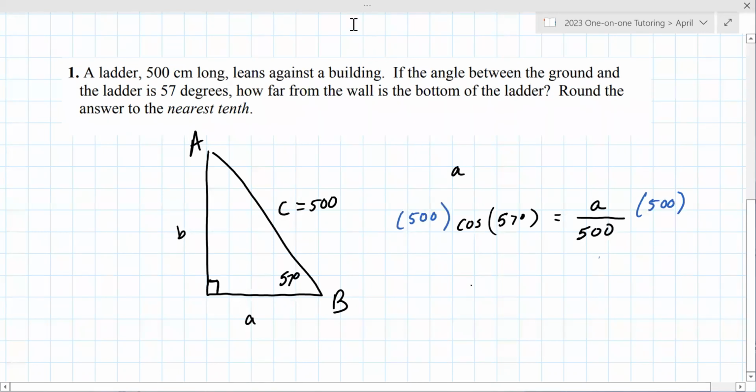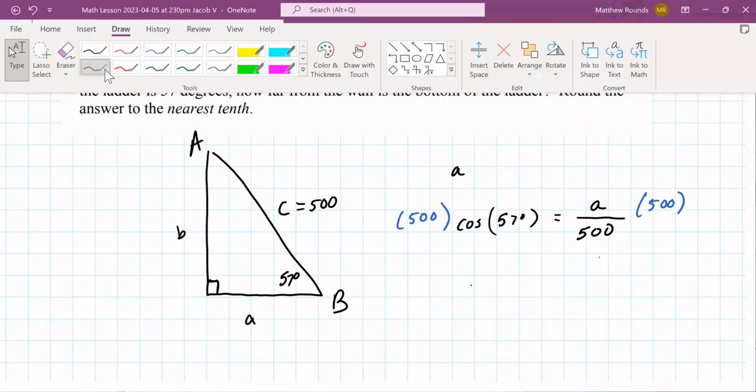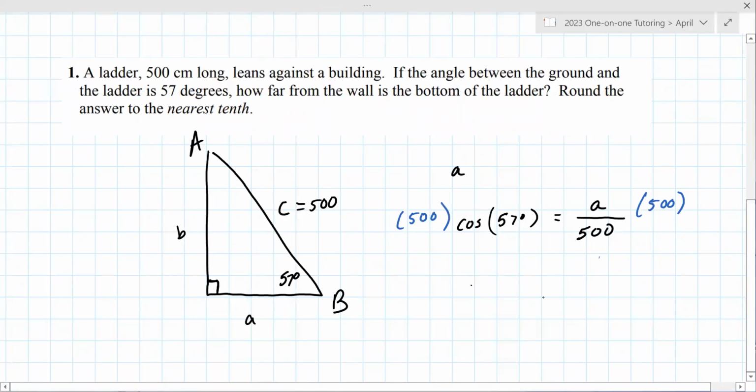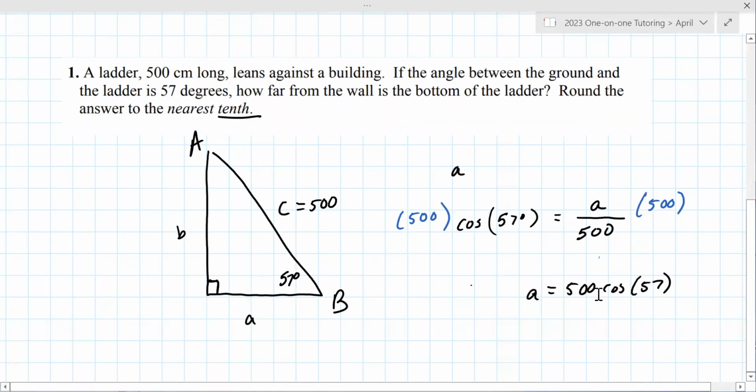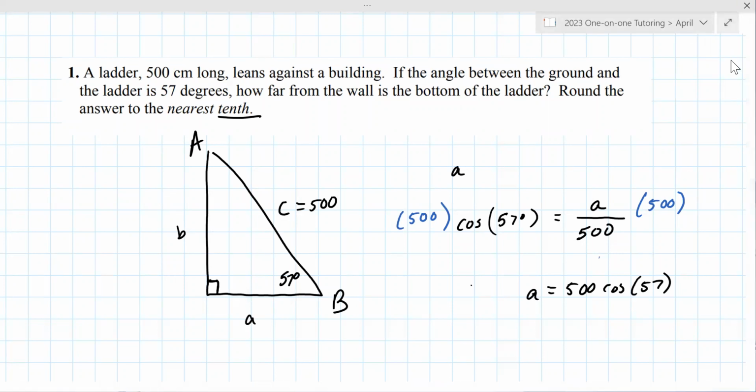Yeah. Okay. So here we go. A equals 500 cosine 57. So round to the nearest tenth, please. The whole thing, 500 times cosine 57. All right, you got it. Cosine 57.